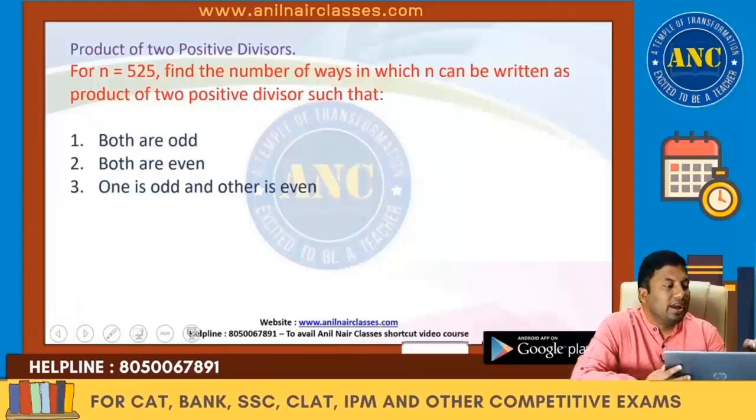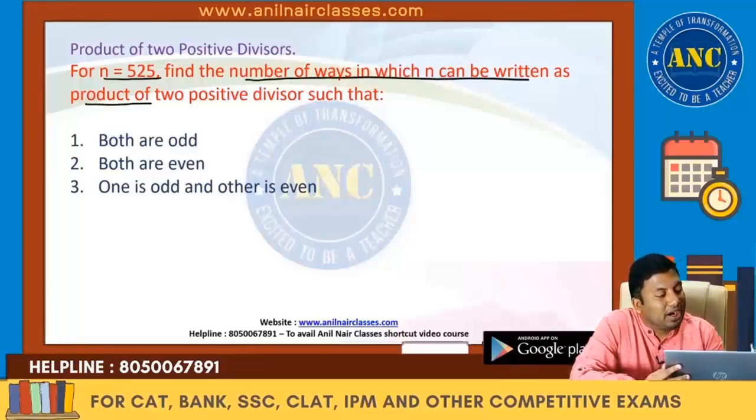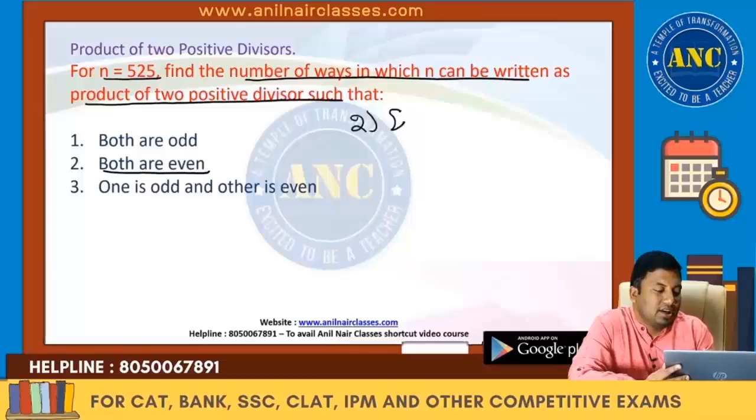Next one. N is 525. Find the number of ways in which n can be written as a product of two positive divisors such that both are even number. Second case, even number into even number. Any number multiplied by an even number, answer will be an even number.